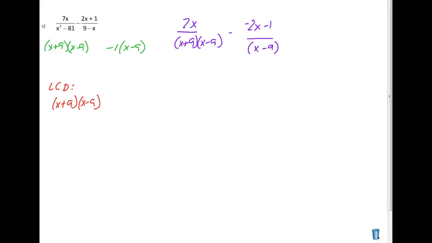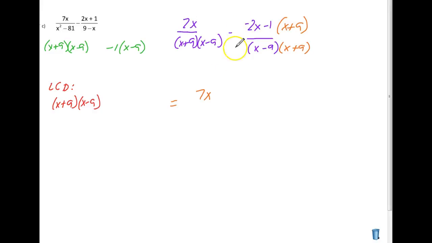So what is my second fraction missing in order to be able to move forward? Well, sure enough, it's missing an x plus 9. Okay, so we multiply top and bottom. All right, good. So what does that leave me with? Well, I have a 7x, and then I have to multiply this out.